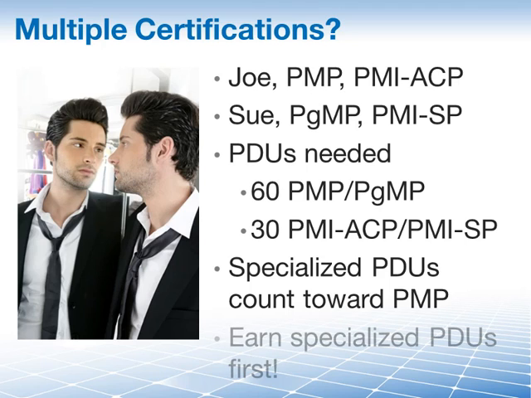In other words, if you are a dual certification holder like Joe or Sue here, go ahead and earn your 30 Agile PDUs or your 30 scheduling professional, risk management professional, whatever it may be, PDUs first, because these will automatically count towards your PMP and PgMP recertification. So once you have these 30 specialized PDUs, you then only need an additional 30 traditional PDUs to complete the cycle for your PMP or PgMP certificate as well.